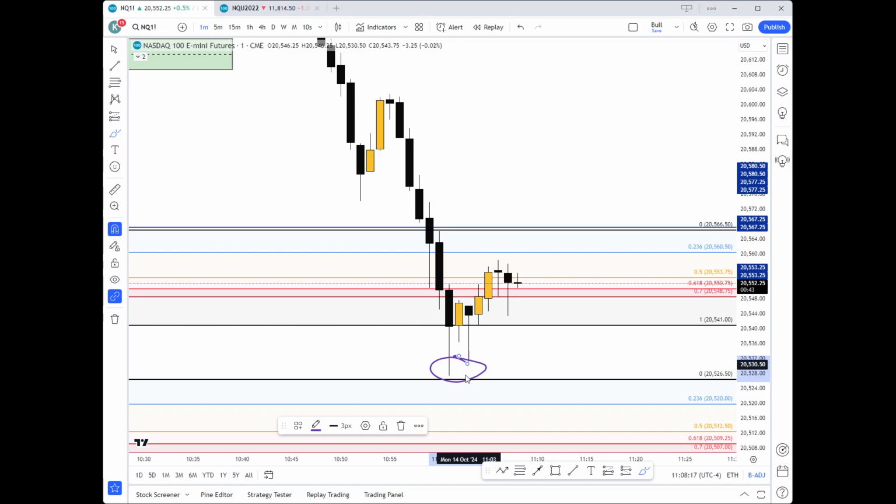Right. Not ideal failure, but I'm liking that we closed above this candle. We traded back in. We've now respected the trade back down, but at least expect to take this high. And if it fails here, then we can reevaluate.